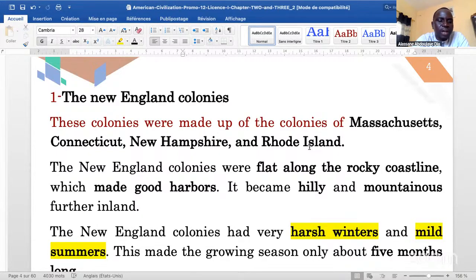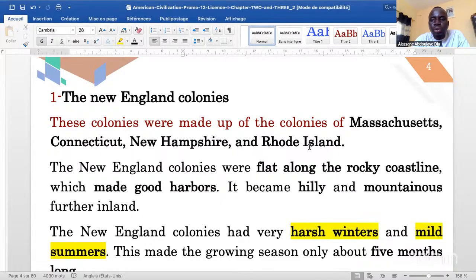The first group of colonies you need to familiarize yourself with is the New England colonies. The New England colonies are made of the colonies of Massachusetts, Connecticut, New Hampshire, and Rhode Island.